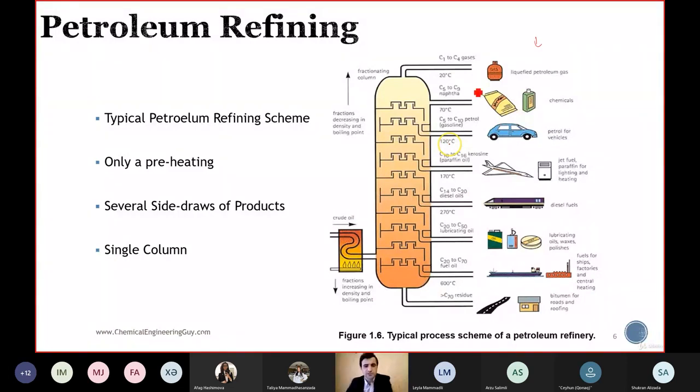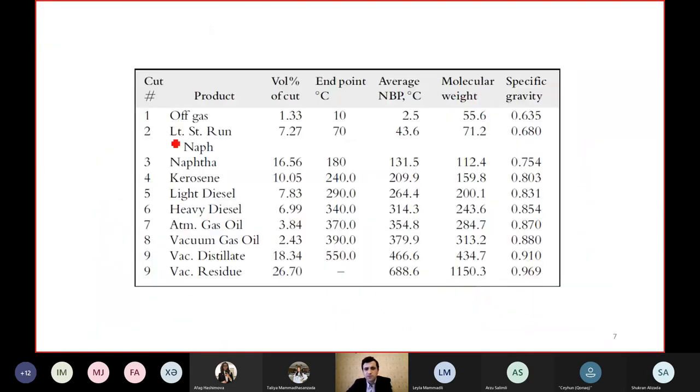So as you can see, the products starting from off gas to vacuum residue have these boiling points. End point, it's also written like end boiling point. So naphtha has an end boiling point of 180. Then kerosene 240. Then you can also think like that.